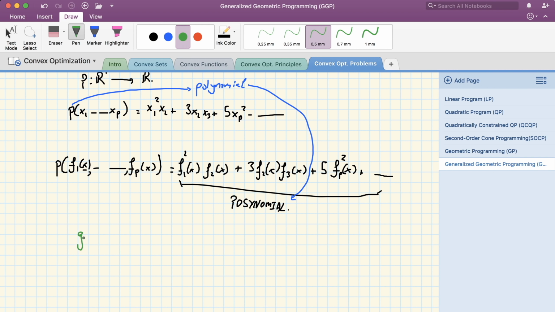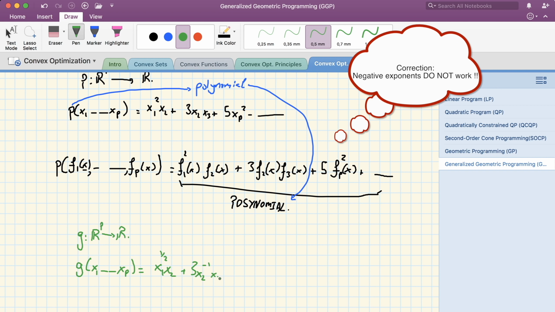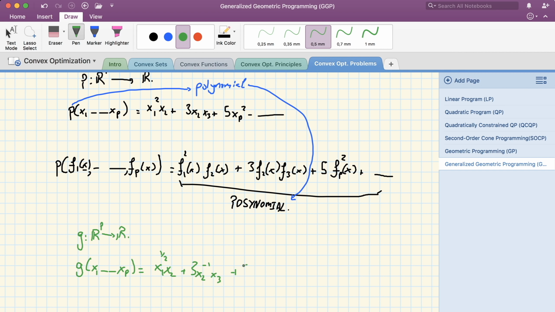However, if I have another function g that is a polynomial, so an example would be, I don't know, x1 to the half x2. Note here the fractional exponents, plus 3x2 inverse x3. Also negative exponents, plus 5xp to the power pi maybe, and so on.